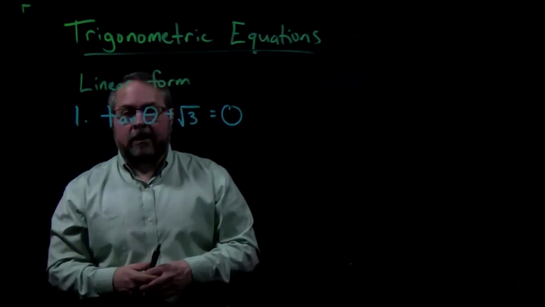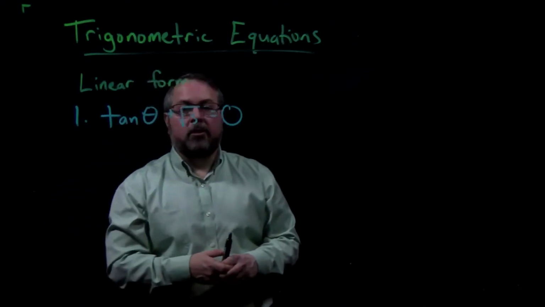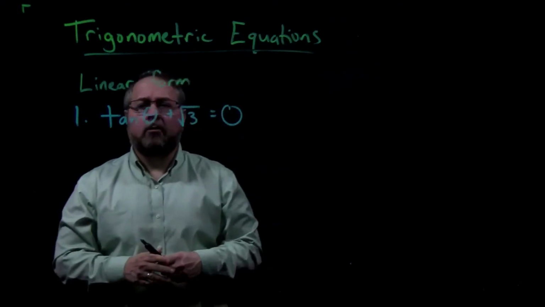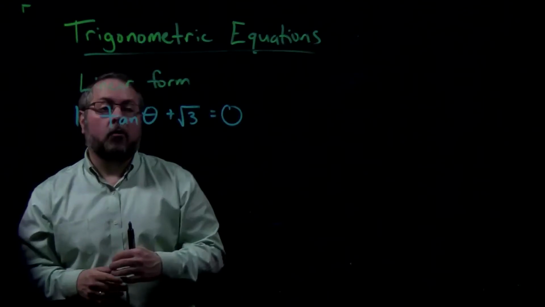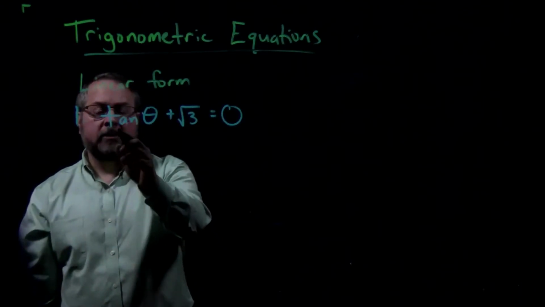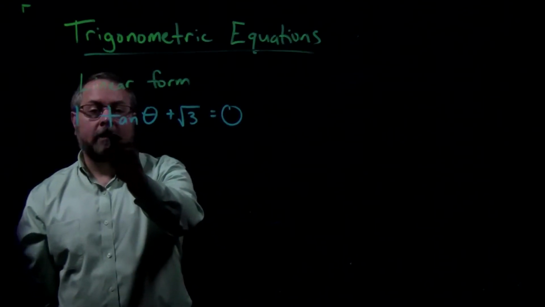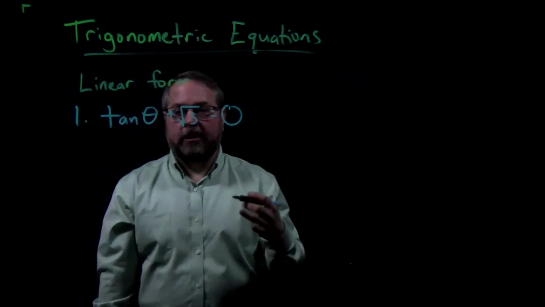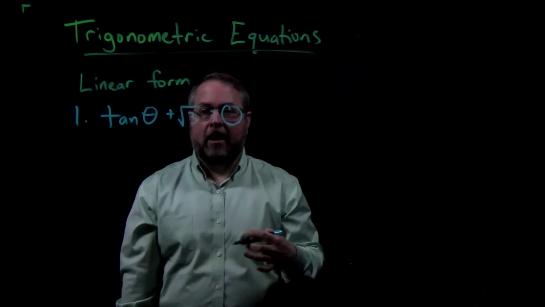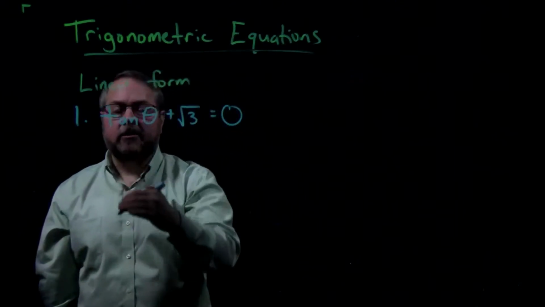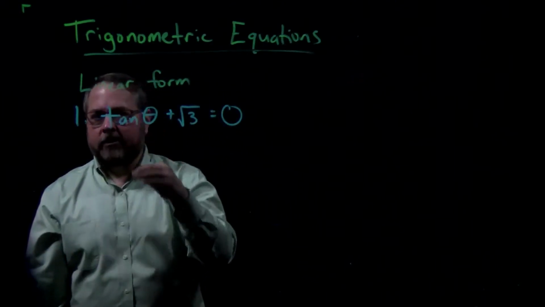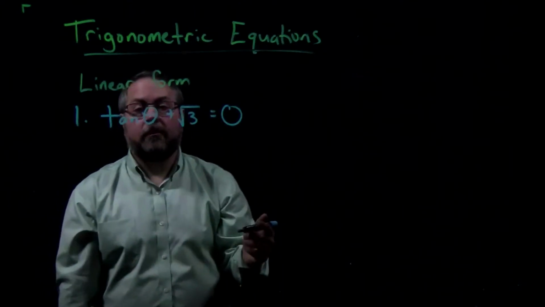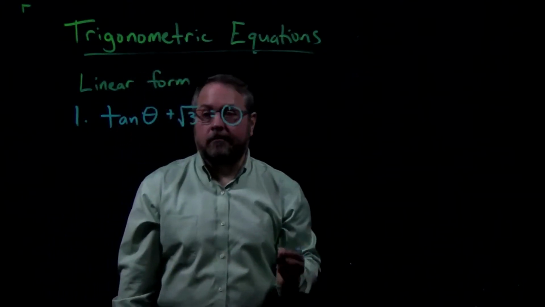So to take a look at this problem, tangent theta plus square root of 3 equals 0. This is an example of a trig equation that is linear in form. We say that a trig equation is linear in form if it only has one trig function and that trig function is only raised to the first power. So here we just have a tangent theta. We don't have a tangent squared or a higher power of tangent, and there are no other trig functions occurring here.